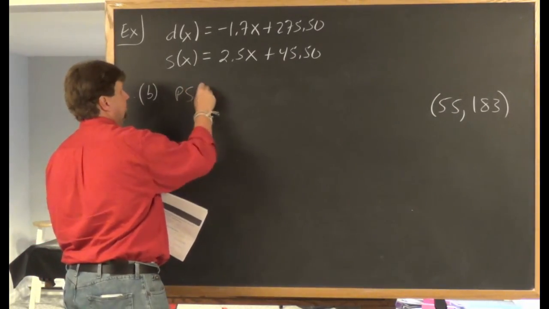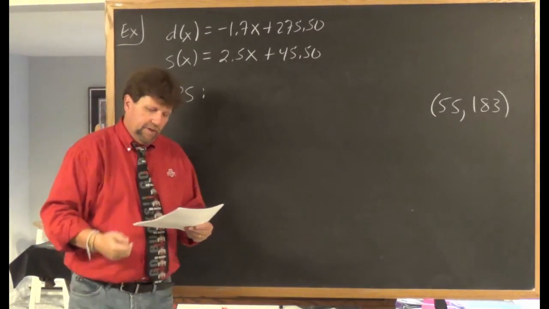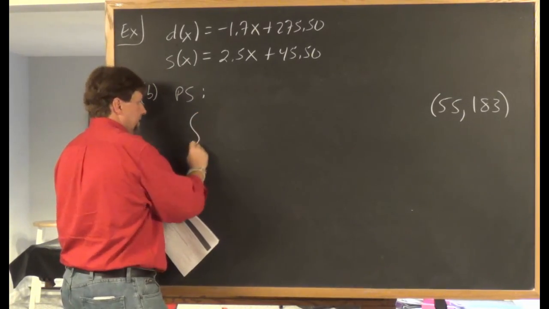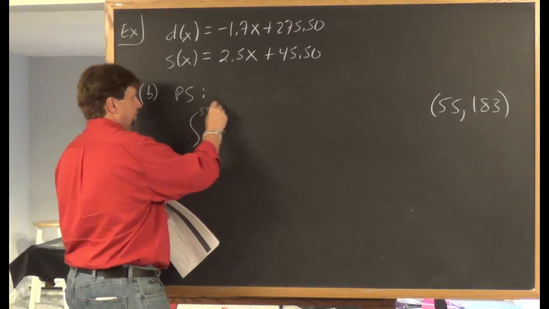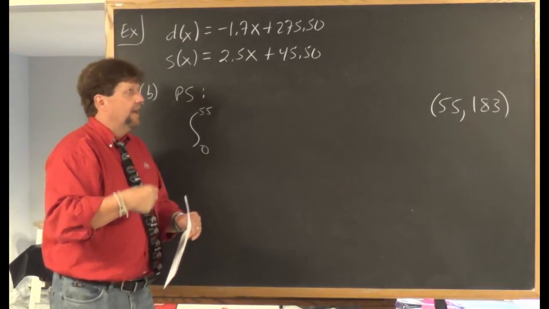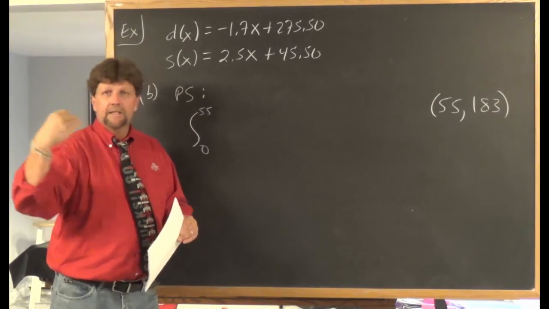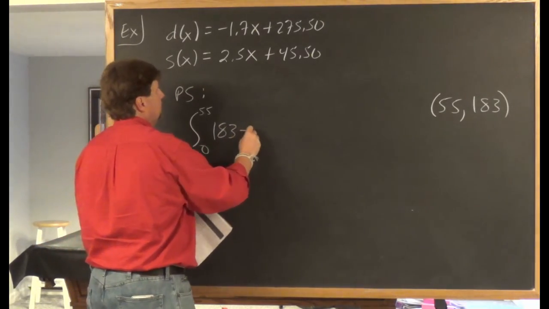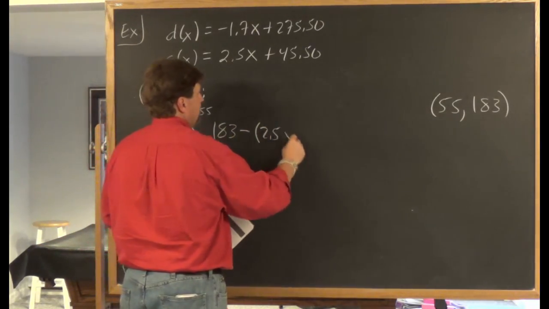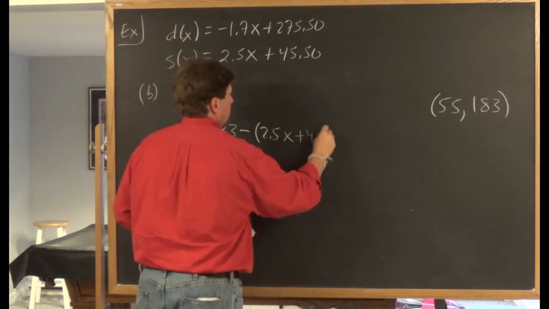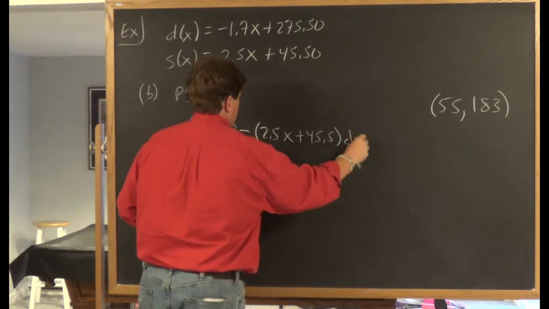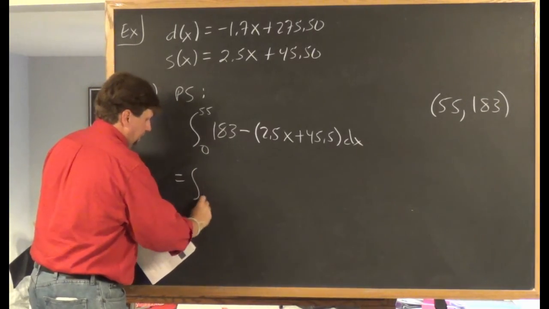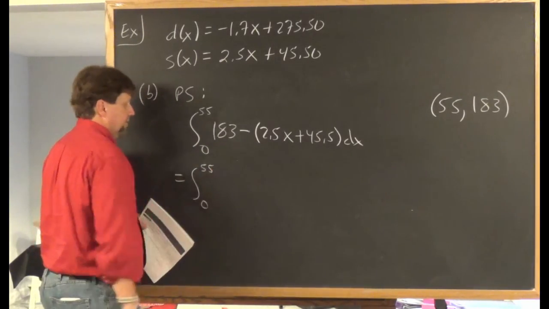Producer surplus at equilibrium demand. It's integrating from 0 to 55, the equilibrium demand, the price minus the supply function. So the price is 183 minus the supply function. And you know I'm going to clean up my integrand before I go any further.